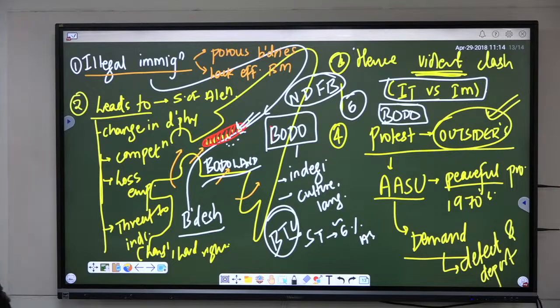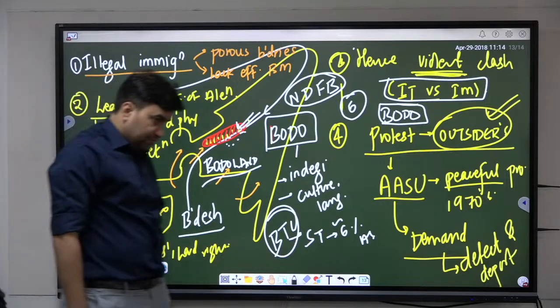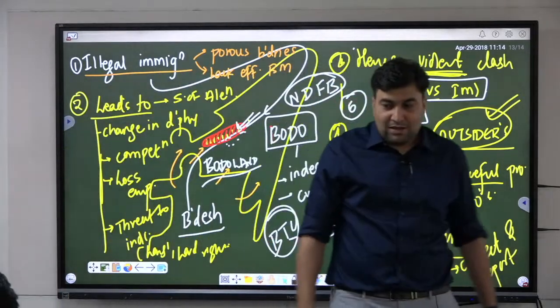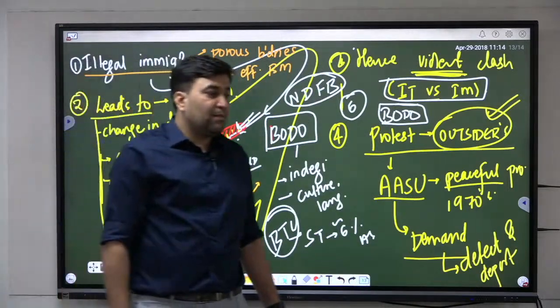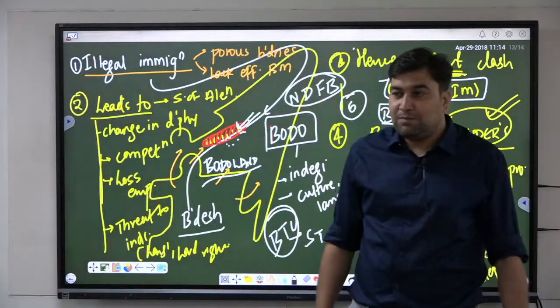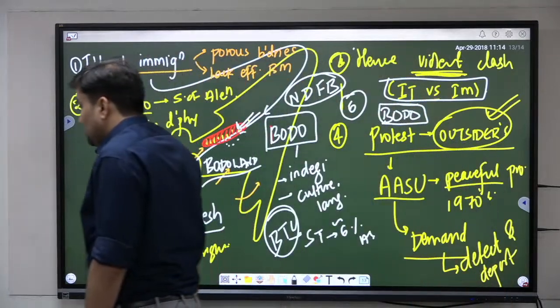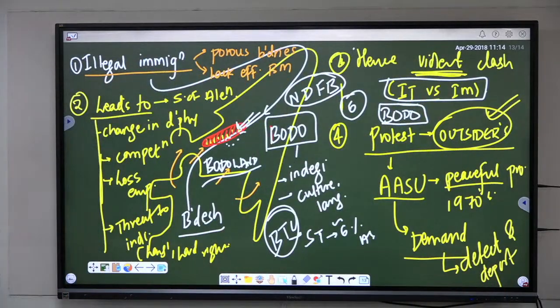Bodos are notified ST tribe in Assam, comprising 5 to 6% population of Assam. Full stop.